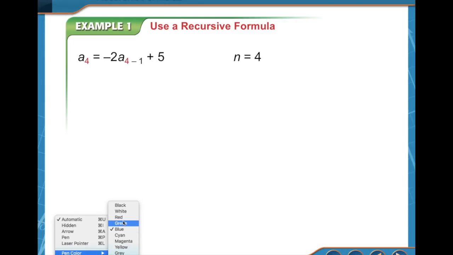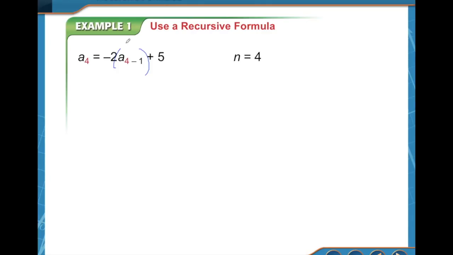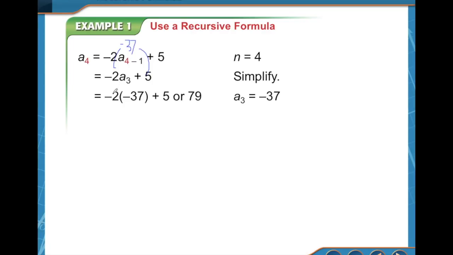So you have -2 times -37, that was the previous term, plus 5. Here you get a really big positive number, that would be positive 74. And then add 5, you get 79. So there's our fourth term, term number 4.